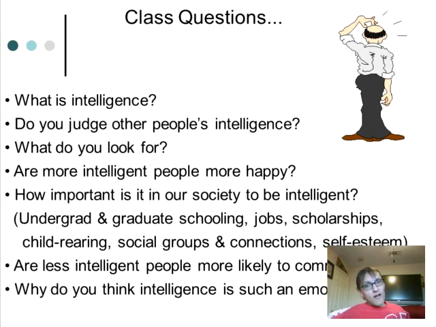The answer is it's everywhere. In high schools, in college, every test you take is in some way or another an intelligence test. Are less intelligent people more likely to commit crime?